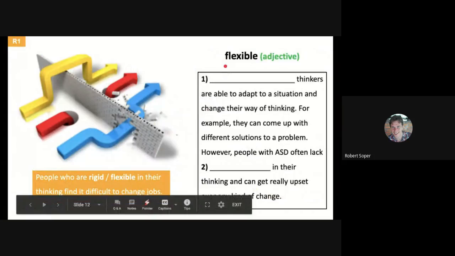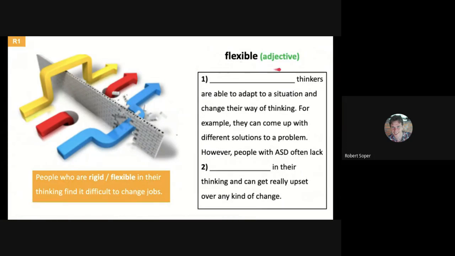Okay, here we have the word flexible, and it's being introduced to us as an adjective. So again, think about whether this word has a noun form, whether it has a verb form, what parts of speech flexible has. Then read the paragraph and decide what type of word will go here: a noun, a verb, or an adjective.